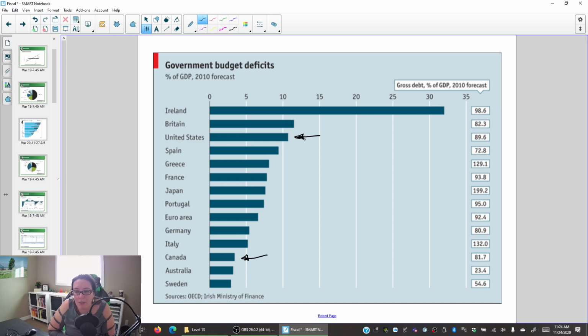Well, it turns out the Irish government had invested a lot of the tax revenue that they brought in in order to have it accrue and bring in more money for the government. They had invested a lot of it in US real estate. And then the 2008, 2009 recession hit. There was a housing bubble burst in the US.